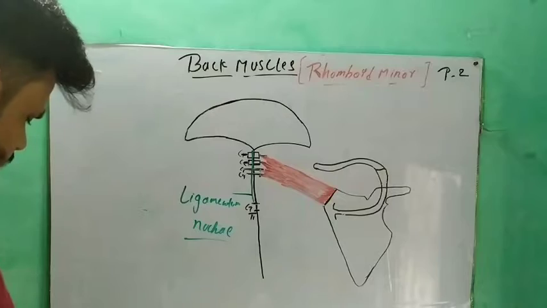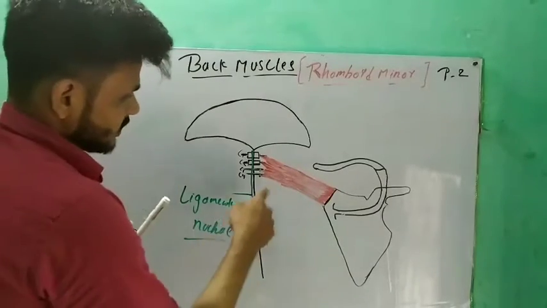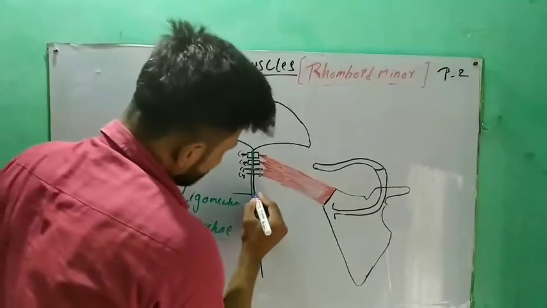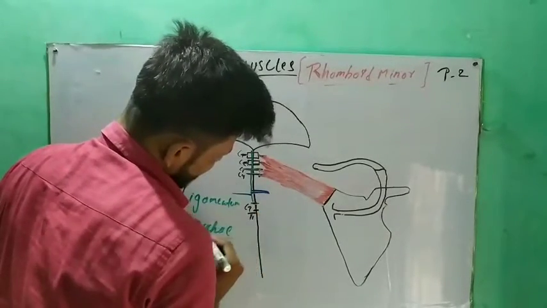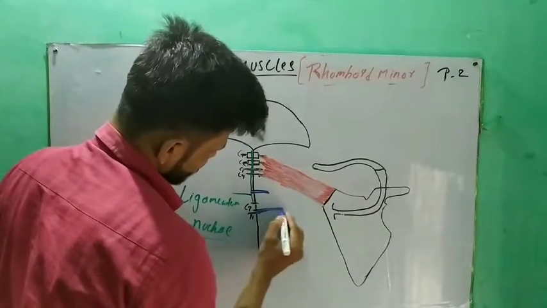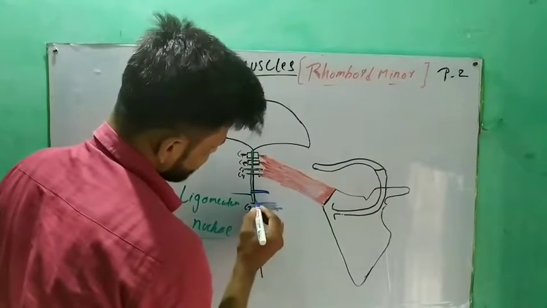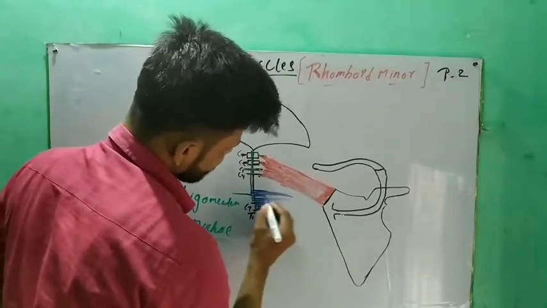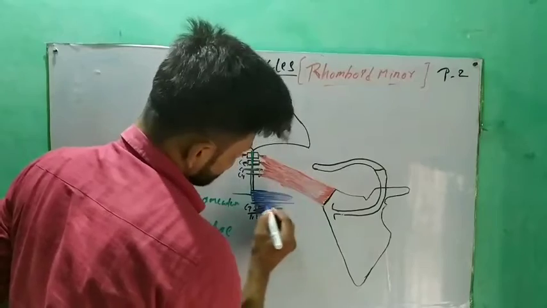Origin of the rhomboid minor is from the lower part of the ligamentum nuchae and C7 and T1. Transverse process of the C7 and T1 and lower part of the ligamentum nuchae. This is the origin of the rhomboid minor.